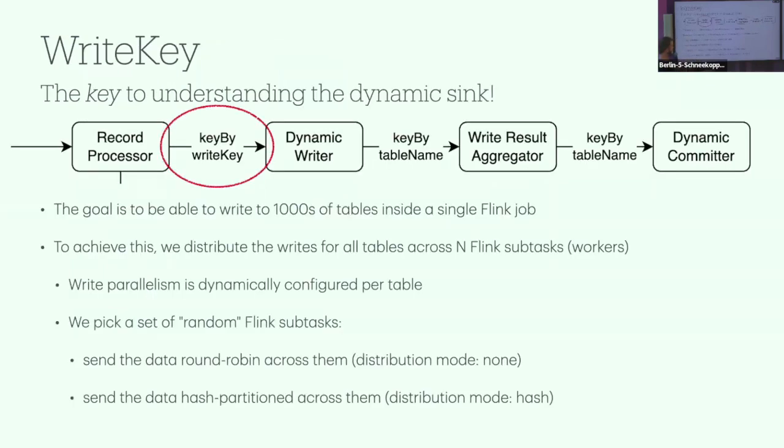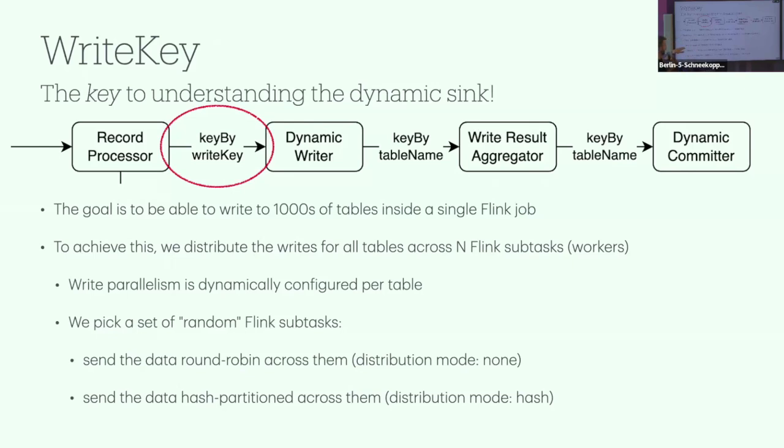So the goal is, of course, to be able to write thousands of tables inside a single Flink job. To achieve that, we need to distribute the writes across the workers, the Flink subtasks. Because the parallelism itself is dynamically configured in the dynamic record, we need to come up with a way to distribute the data.